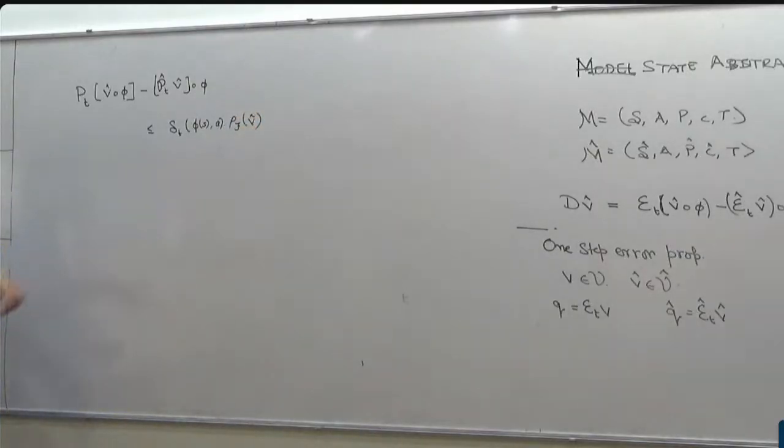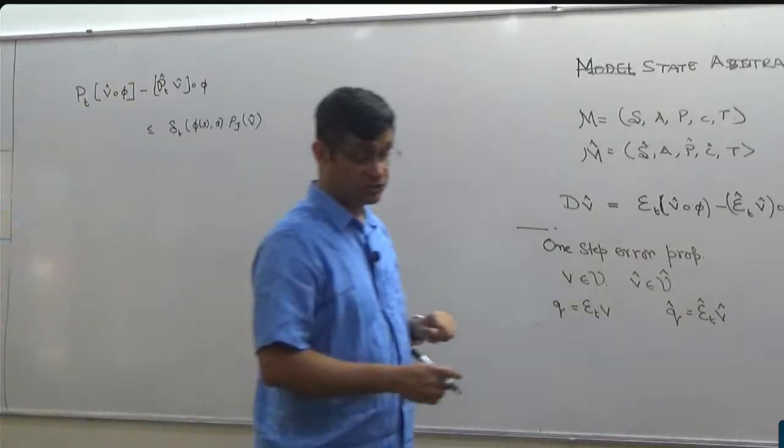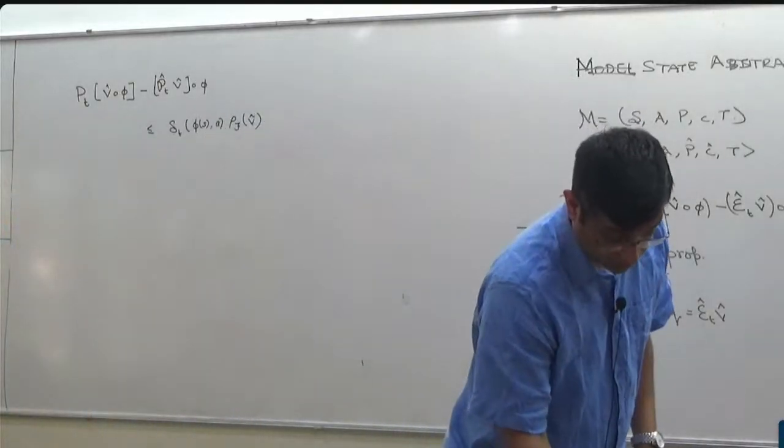And this is by definition of my IPM distance. And therefore, when I am doing computations with respect to P T, I can replace that with computations in the other model.